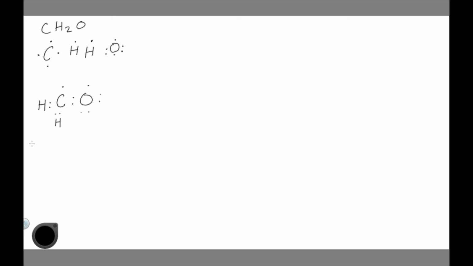As you can see, the carbon atom helps the hydrogens to achieve the noble gas configuration of helium, which we call a duet. Now, the octet is not satisfied for oxygen or carbon, because each atom only has 7 electrons around it.